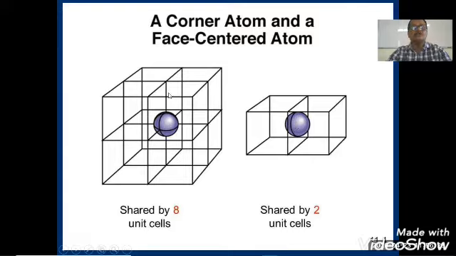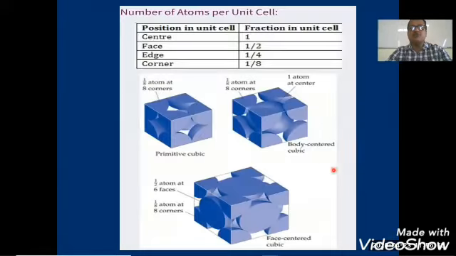Then what about an edge? This is an edge of a unit cell, and the edge is shared by 1, 2, 3, 4 unit cells. So any unit at this edge will be shared by 4 unit cells, so per unit cell, the fraction will be 1 by 4.